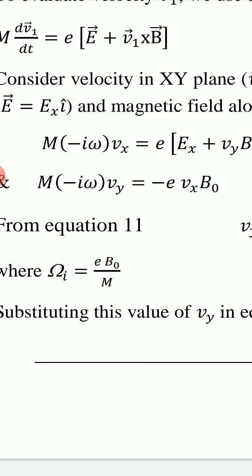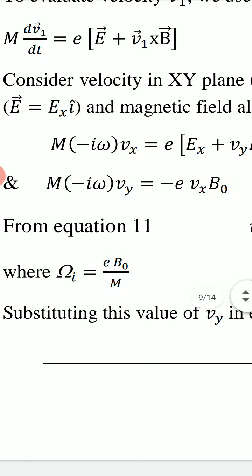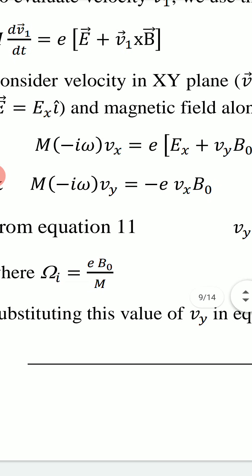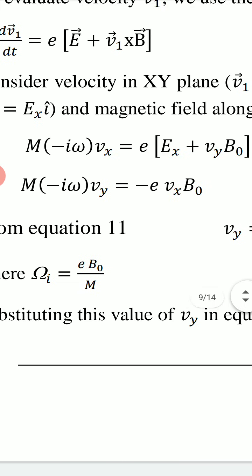For the y component in the right hand side, the y component of E vector is 0 because E vector is along the direction of the x-axis, E vector is Ex i cap. So the y component of the electric field is 0 and the y component of v1 vector cross B vector is minus Vx B0.